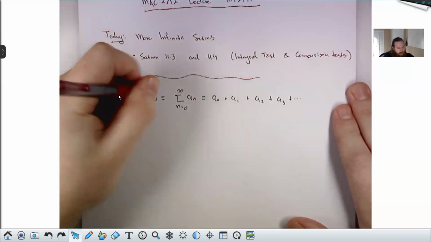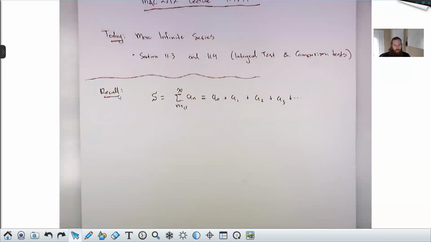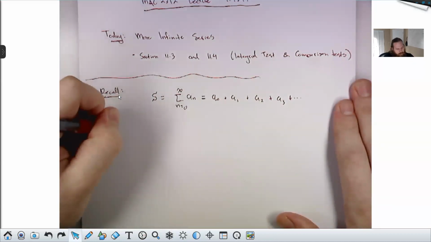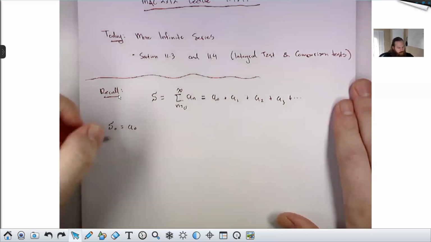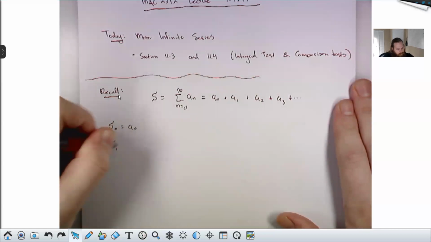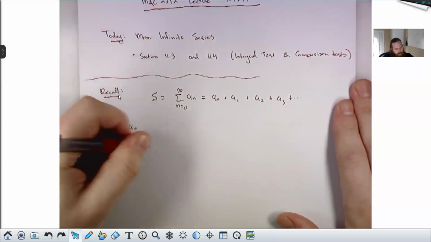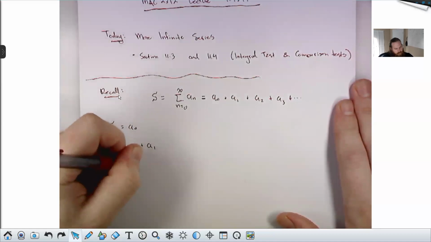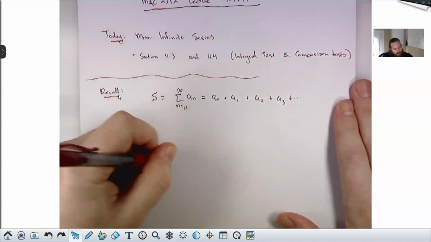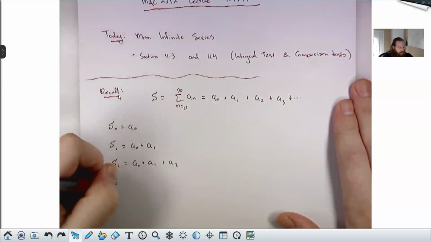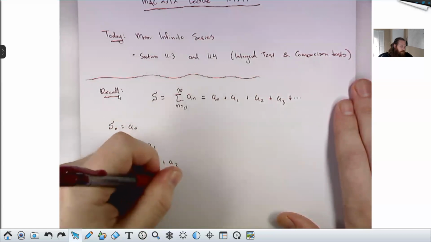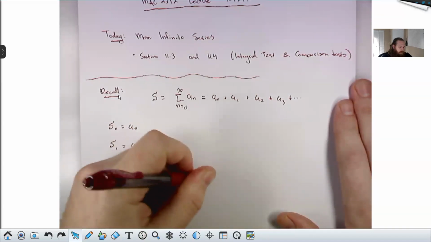The series capital S, because it's hard to define, it's an infinite addition problem, we defined in terms of the sequence Sn. So this was the sequence of partial sums. S0 is A0. S1 is A0 plus A1. S2 is A0 plus A1 plus A2. And you get the feel. S3 is A0 plus A1 plus A2 plus A3, and so on.